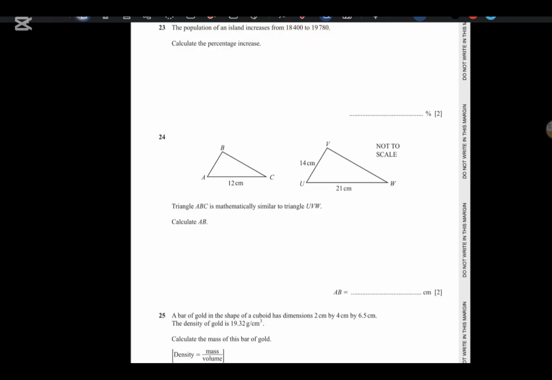So to find the percentage increase, we need to find the increased number, that is 19,780 minus 18,400 by 19,780 into 100. No, sorry, we have to take the original amount. Oh, 18,400.